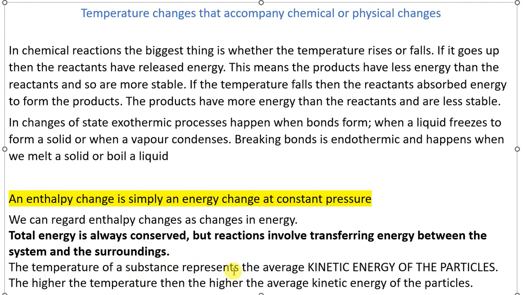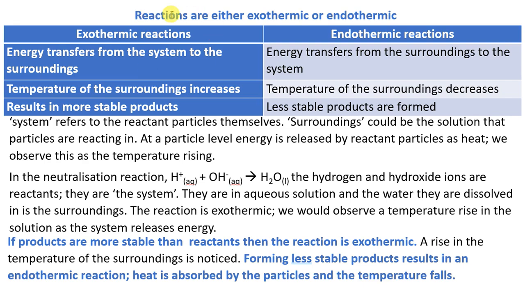The temperature of a substance represents the average kinetic energy of the particles. Higher the temperature, then the higher the average kinetic energy of the particles. Reactions are either exothermic or endothermic.